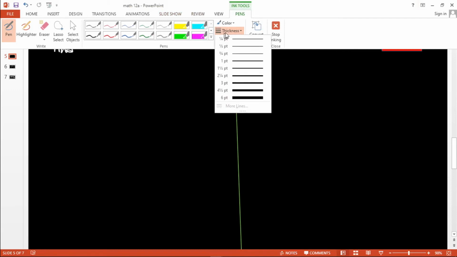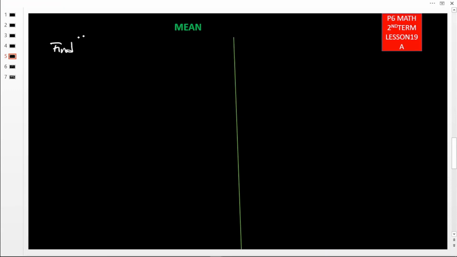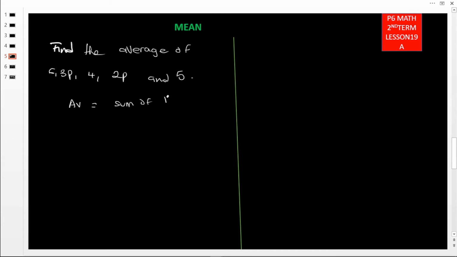Find the average of 6, then 3p, 4, 2p, and 5, right? So what is our average? The formula, it is sum of items out of number of items here, right?